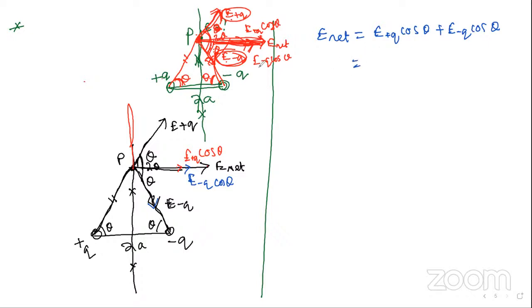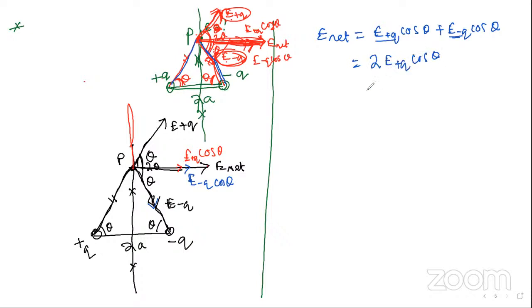Now, what will be E plus Q cos theta? You can see that the distance is the same for E plus Q cos theta and E minus Q cos theta. So E plus Q and E minus Q are magnitude-wise the same, with cos theta and cos theta. So I can write 2 times E plus Q cos theta.